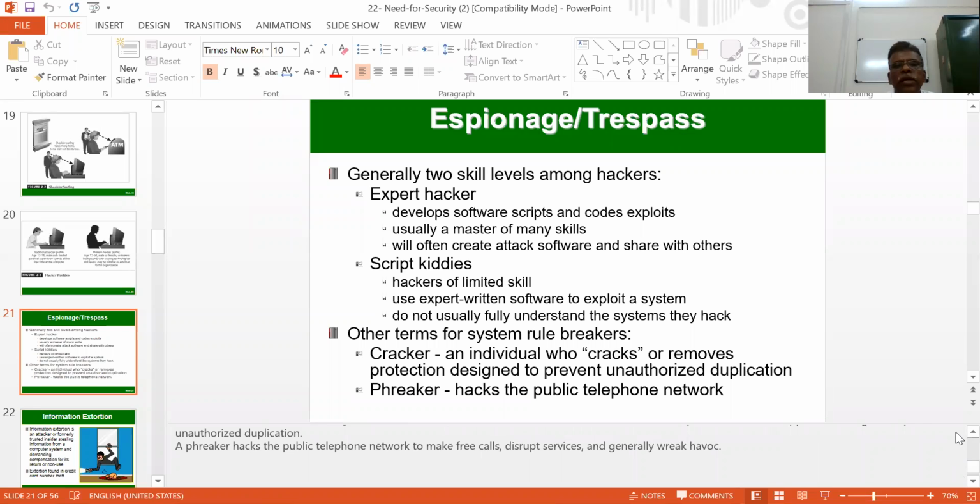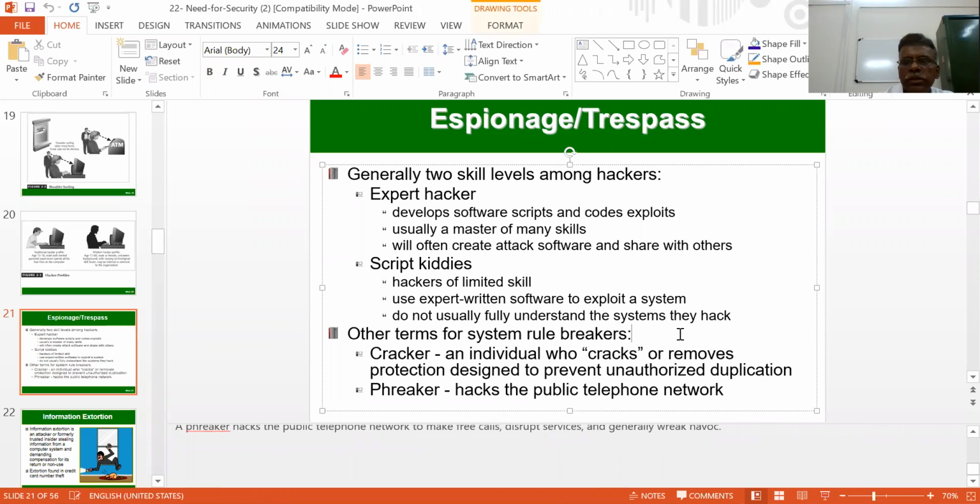These are the various categories of how they use their own intelligence and surveillance to hack the organizational system.